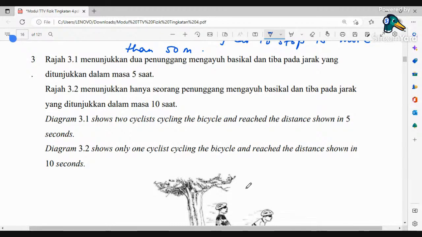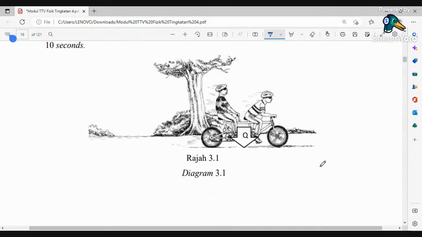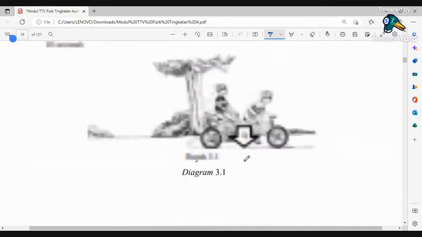Okay, number 3. Diagram 3.1 shows 2 cyclists cycling bicycle and reach distance shown in 5 seconds. Diagram 3.2 shows only 1 cyclist reach the distance shown in 10 seconds. Ini 3.2. Okay.